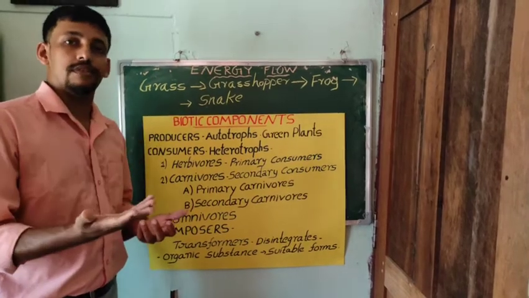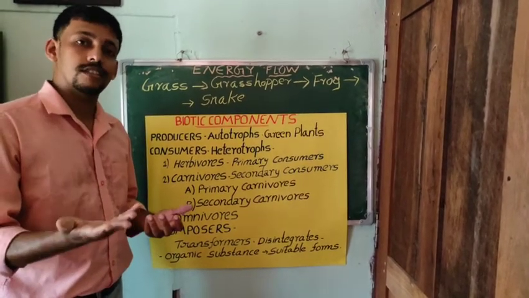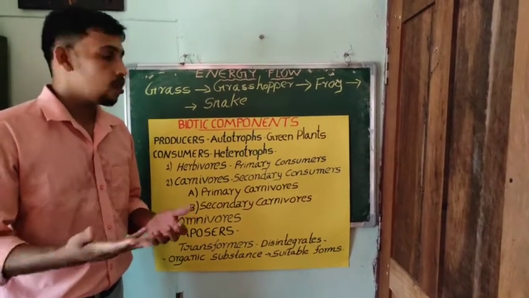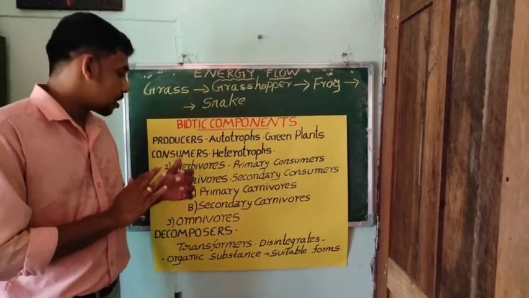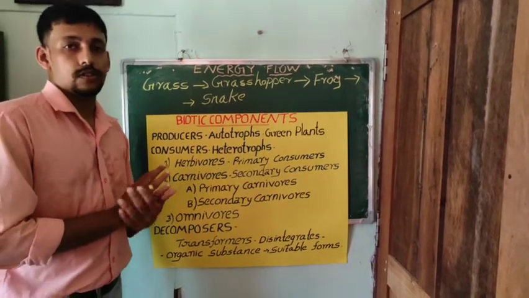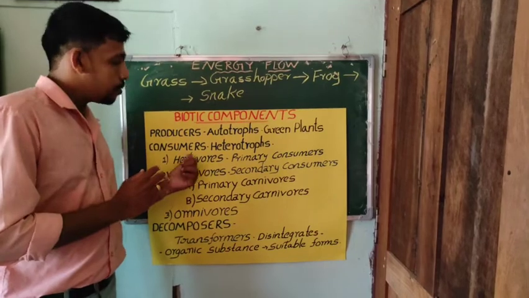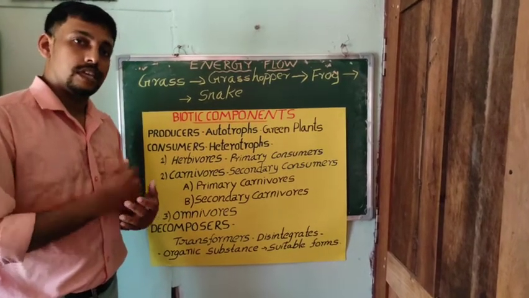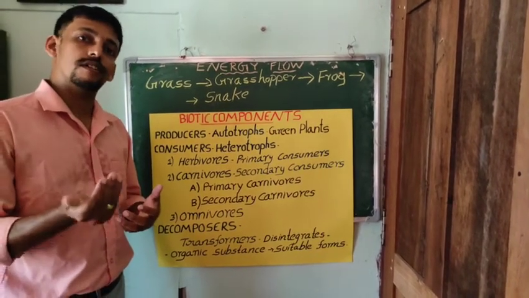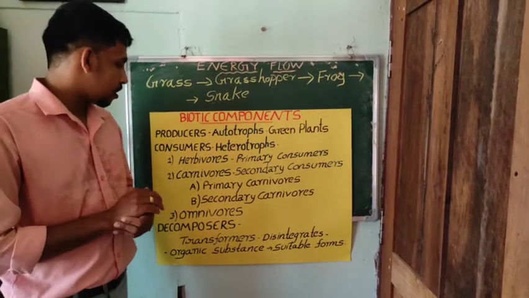For example, rabbit, cattle, goat, deer. All these are primary consumers, or herbivores. They eat plant or plant products.